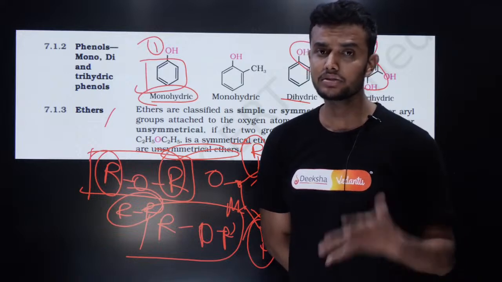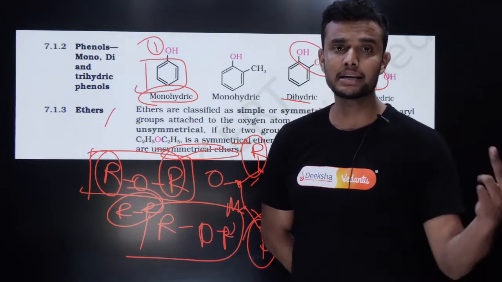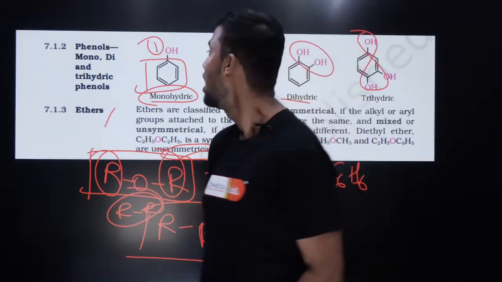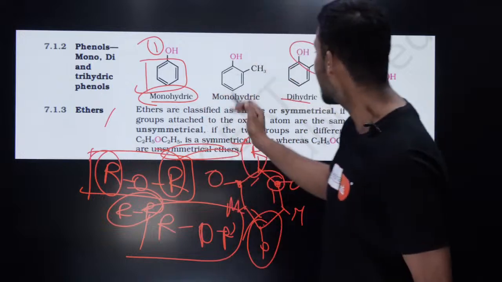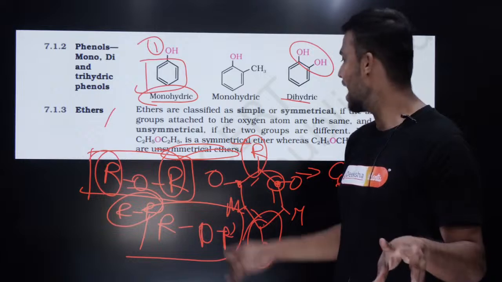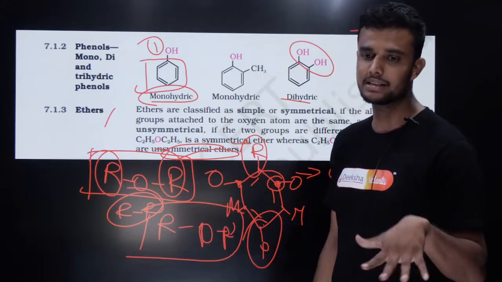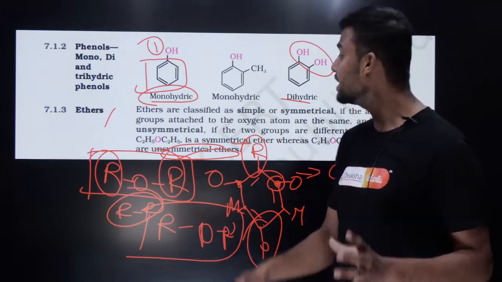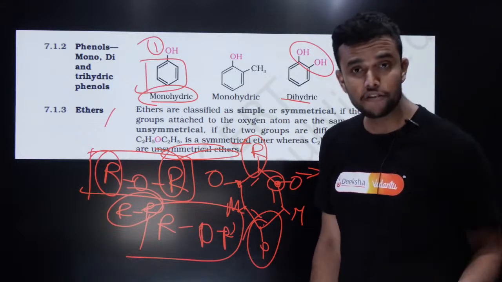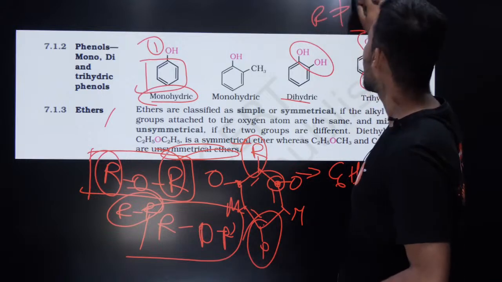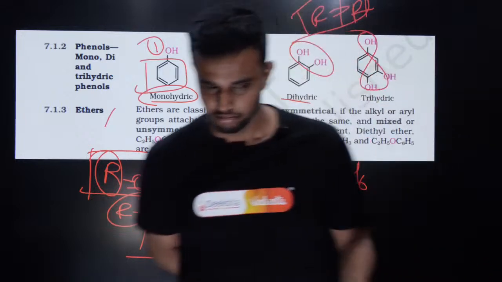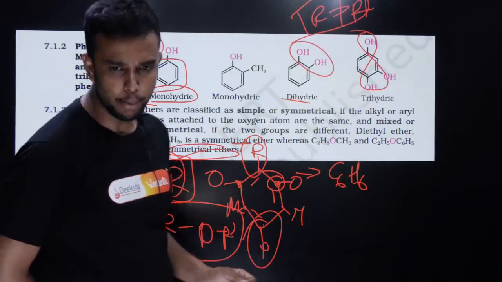Alcohols we divided into monohydric, dihydric, polyhydric, and also primary, secondary, tertiary alcohol. In phenols: monohydric, dihydric, trihydric. In ether, only two types: symmetrical and unsymmetrical. When both R groups are different, R is not equal to R, these are called unsymmetrical ethers. Okay, my dear students, I hope it's clear.